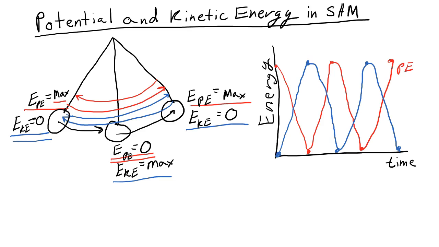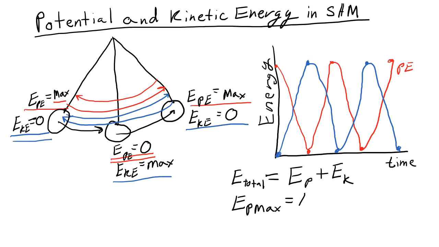So the total energy is always equal to our potential energy plus our kinetic energy. As one type of energy decreases, the other has to increase in order to keep the energy constant. The other thing we can see in our graph is that when one energy is at maximum, for example when our potential energy is at maximum, it equals the total energy.